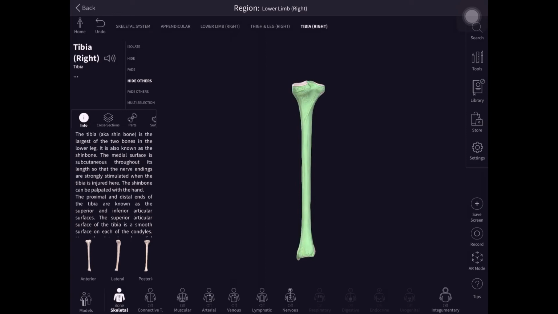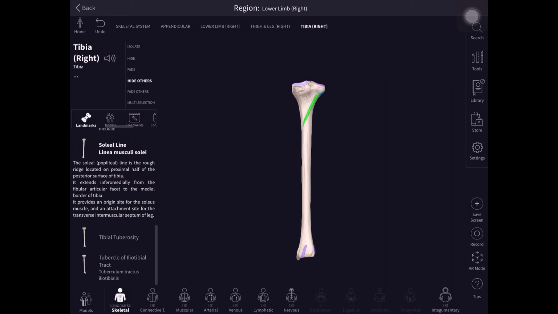So here you can see that's your soleal line, which is dividing into an upper triangular and a lower larger area. Now let us look at the upper area, where you have a muscle called popliteus.